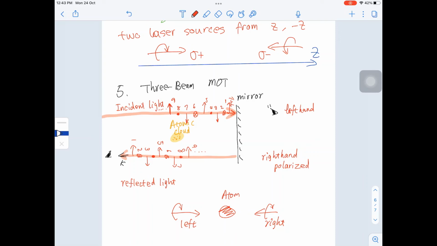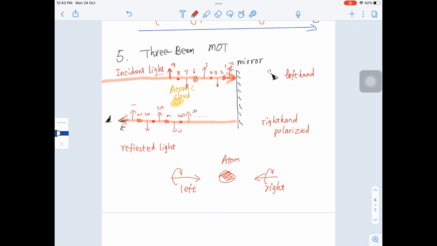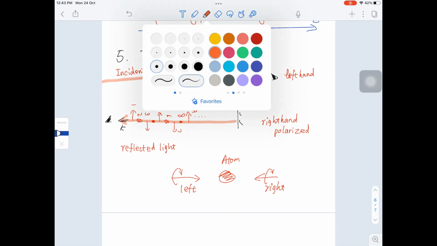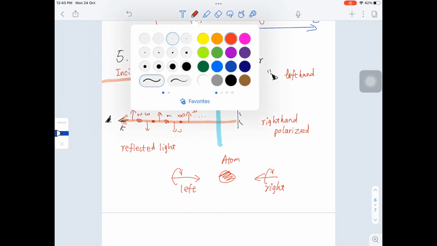Then how to achieve those? We need to flip the polarization of the retroreflect beam. How to do it? We need to add a quarter-wave plate. Let's say this is the quarter-wave plate.